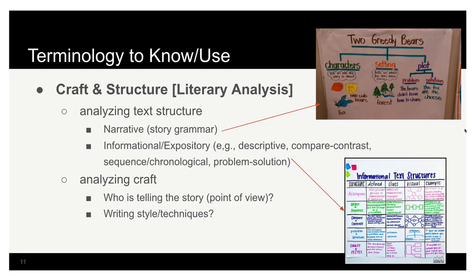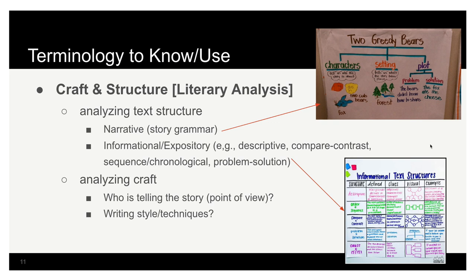You also want to review terminology connected to craft and text structure. And so when children are able to analyze text structure, we know that narrative text structure is really that story grammar, right? The characters, the setting, the problem, the solution. But when we have informational or expository text, it's a different type of text structure. And there's actually more options for text structures.